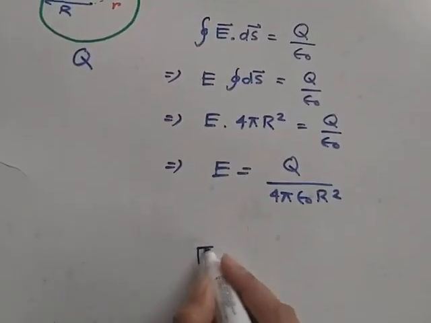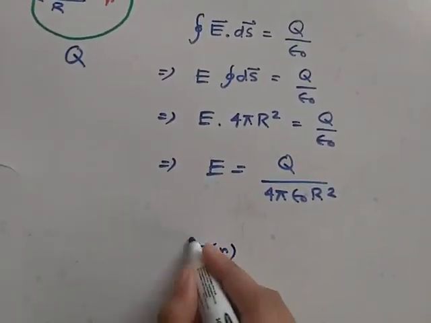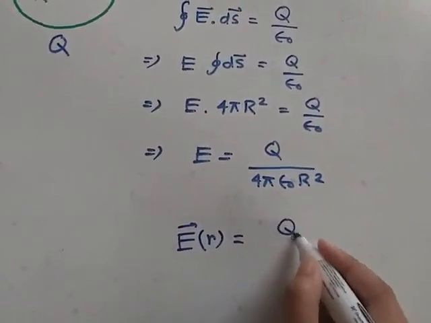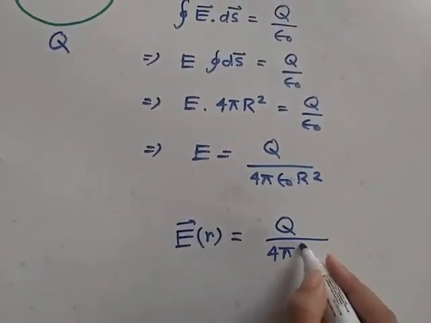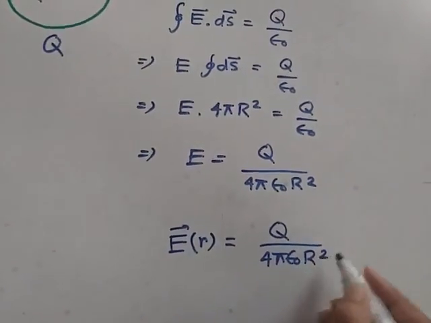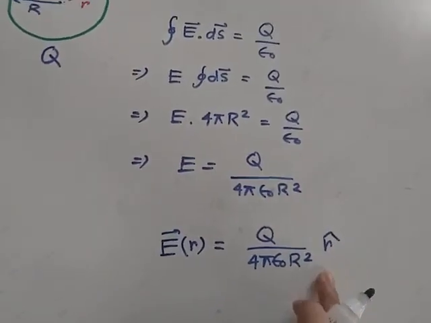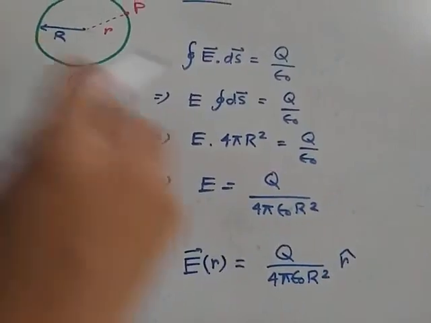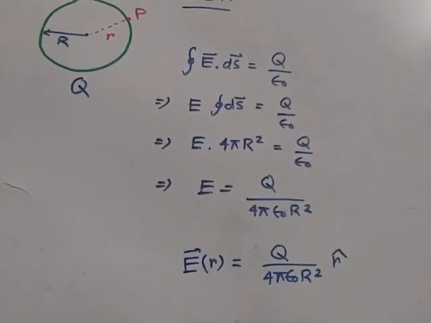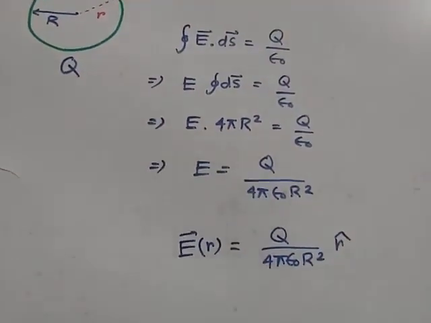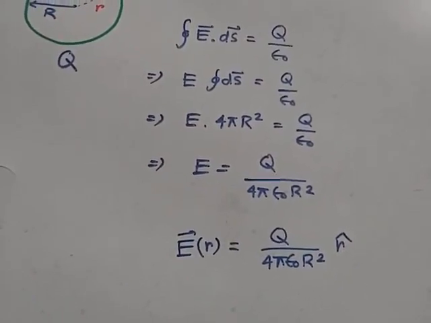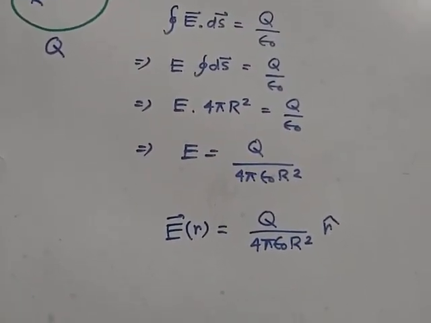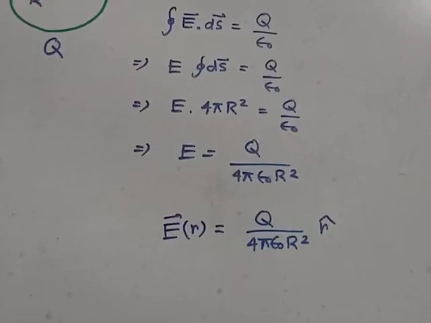And if we write in the vector format, it becomes Q divided by 4 pi epsilon naught capital R square R cap, where R cap is a unit vector directed outward radially. So this is the expression for the electric field intensity at a point on the surface of the sphere.